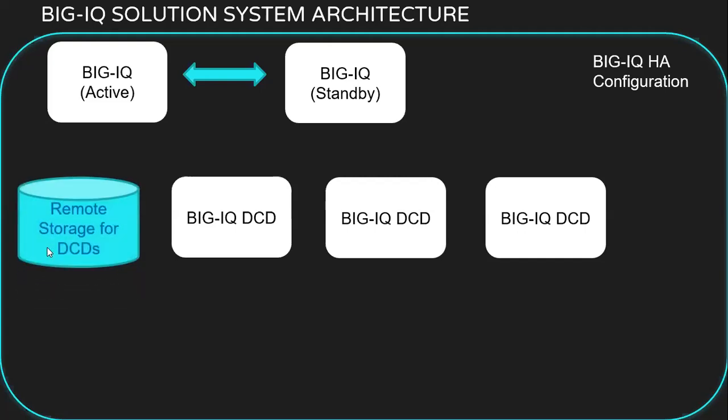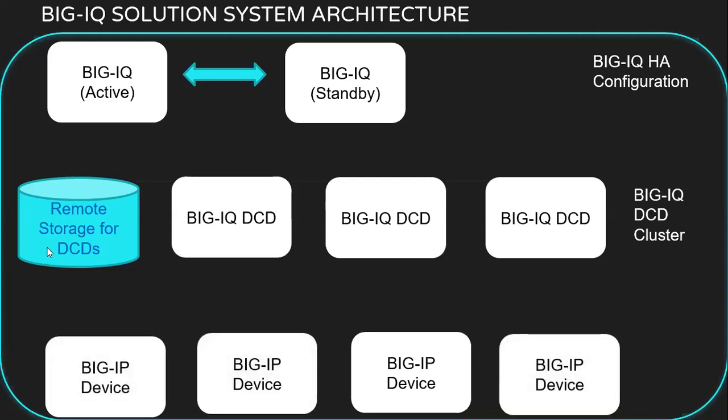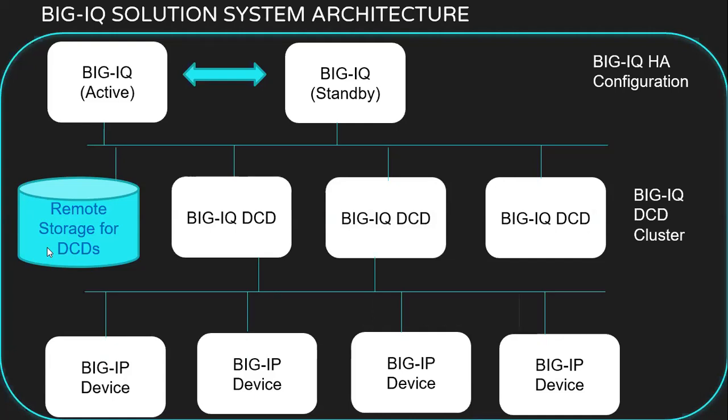Then we will have a remote storage device for the DCDs. This entire setup will be referred to as a BigIQ DCD cluster. And at the last, we have multiple BigIP devices, which we are going to manage via our BigIQ. With this, we have completed this section.